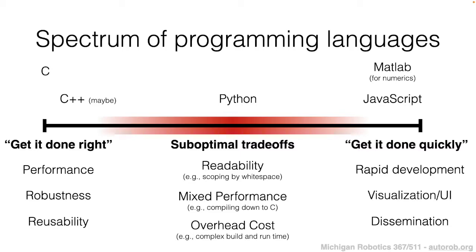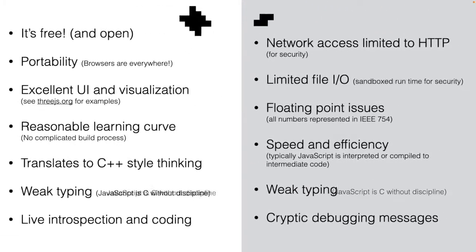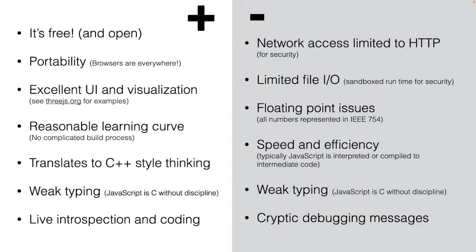Since we're going to be using JavaScript in this course, you might be asking, what are the pros and cons for JavaScript? Like all languages, it has its own set of unique pros and cons. The first thing, and a very important one, is that JavaScript is free to use, and in addition, it follows an open standard.